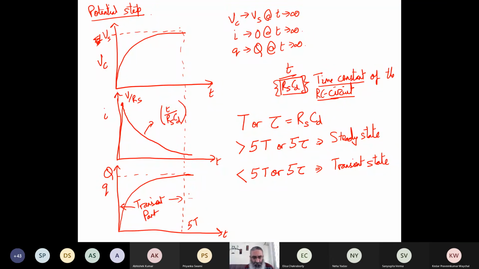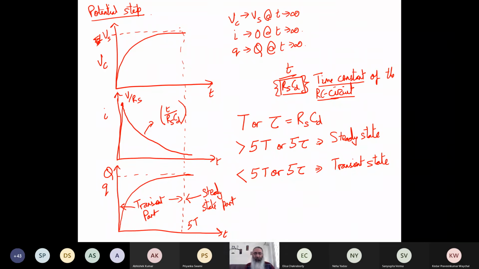And after 5 times time constant, you see a steady state part, where you can safely assume that the capacitor has reached its maximum voltage, the charge stored in the capacitor is 100%, and the current flowing through the capacitor is 0.